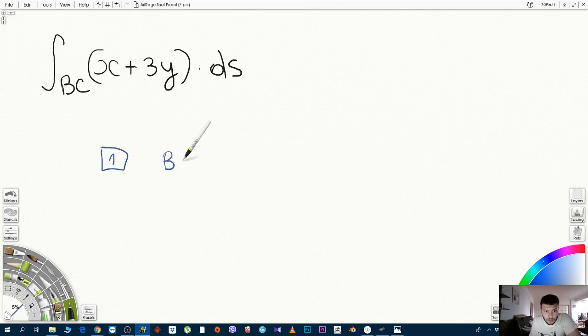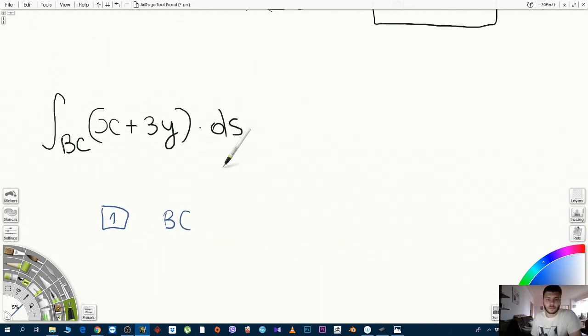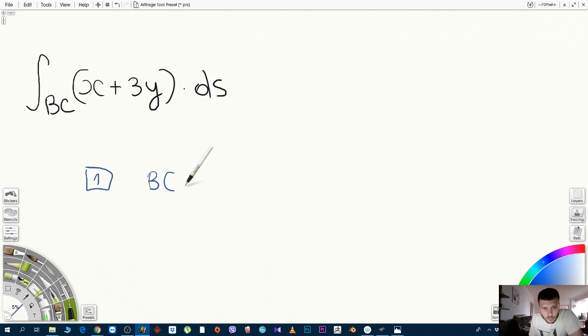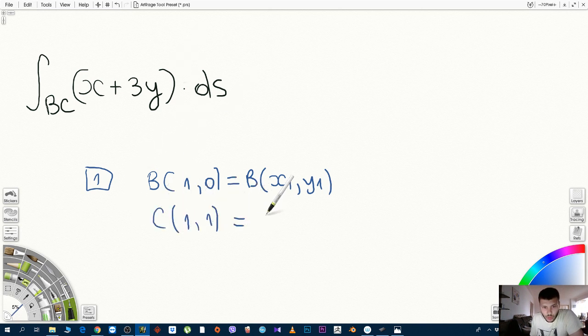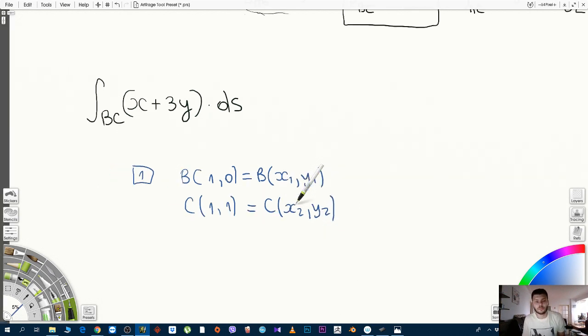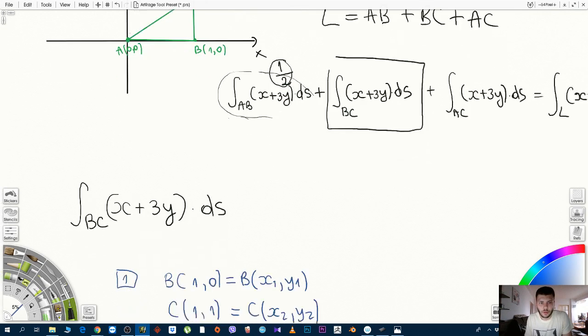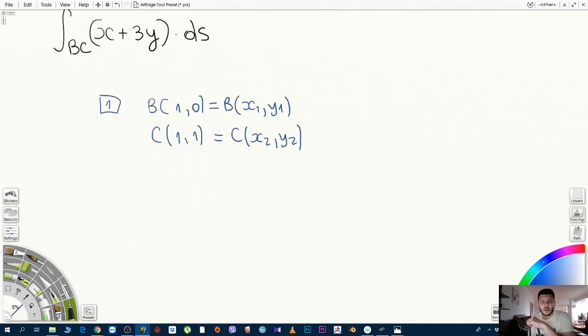We have point B with coordinates 1, 0, and that will be our first point. And we have point C with coordinates 1, 1, and that will be our second point, actually our last point here, finishing point.